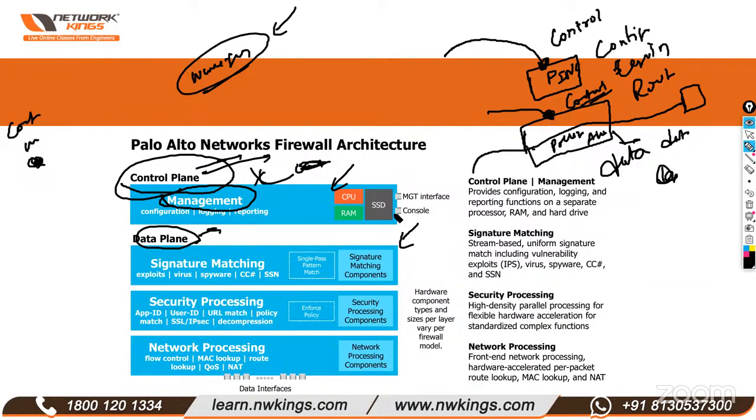I'm using my control plane, you are using your control plane, you're generating that particular traffic or sound from yourself, right? So if you are SSHing to the device, it should always be a control plane. But outside, it's a data plane. Okay, it's a simple thumb rule. You just understand it that way.